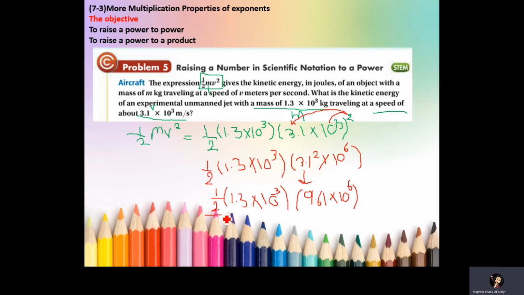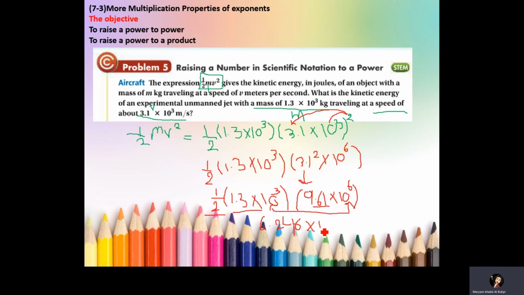So just multiply the numbers that you have. All these numbers, multiply them together to get 6.24, and that's enough, times same base between the multiplication, add the powers, same base, add the powers.